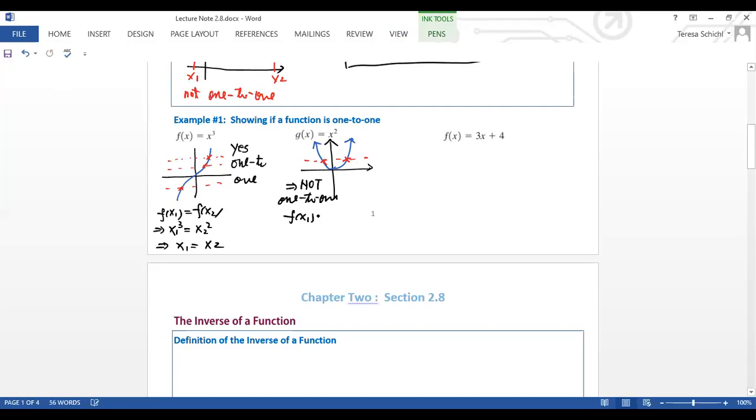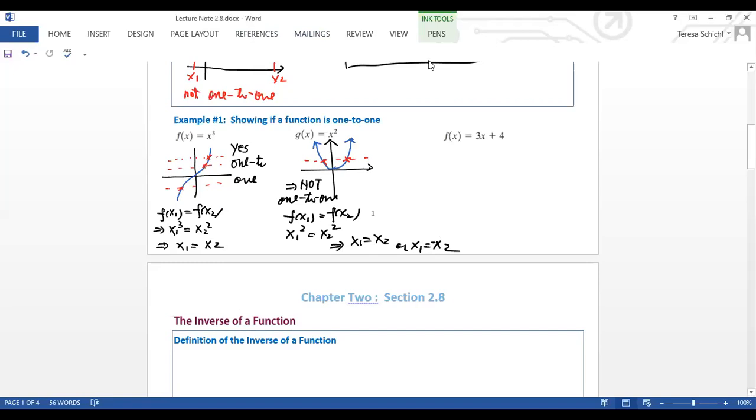Okay, so let's try to use algebra to solve it. So we say f(x1) equal to f(x2). That means x1 squared equals x2 squared. So when you solve it, you will find x1 equal to x2 or x1 equal to negative x2.